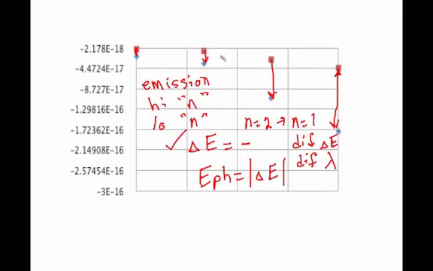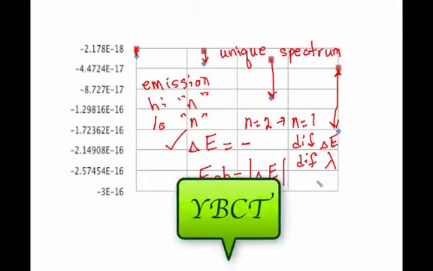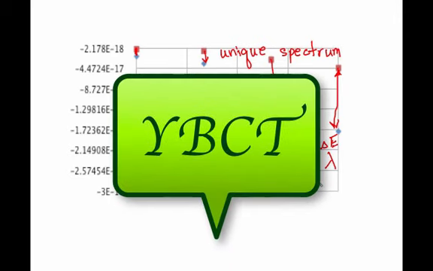And that's why each element has its own unique atomic spectrum. So we can use it as a fingerprint to identify that substance. So just because it's n equals 1 doesn't mean it's an exact energy value that is the same all along. That's the point I was trying to make there.